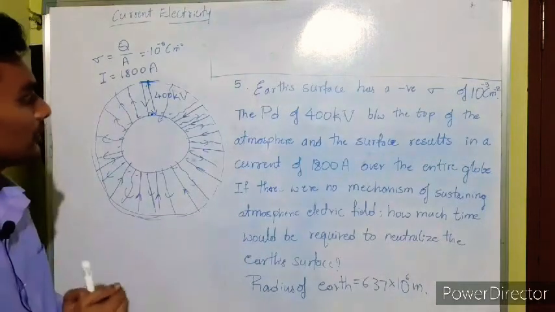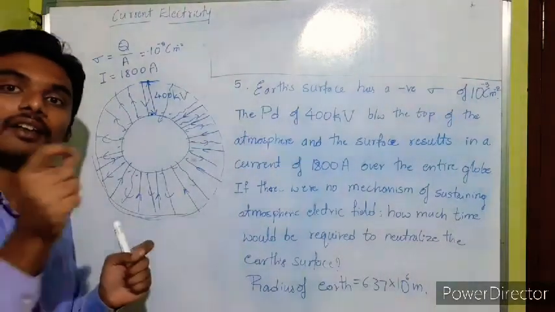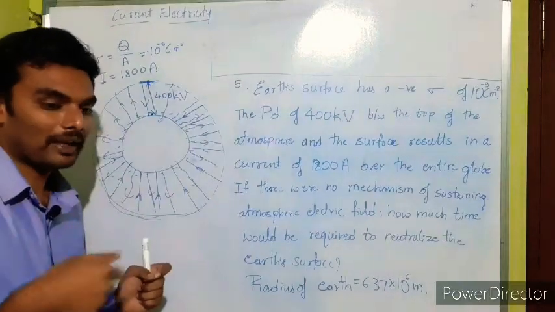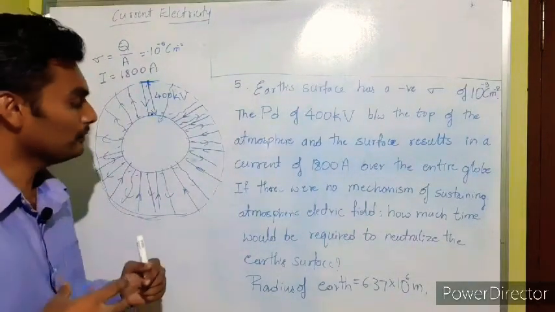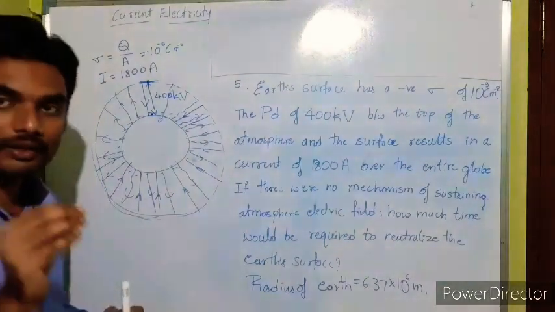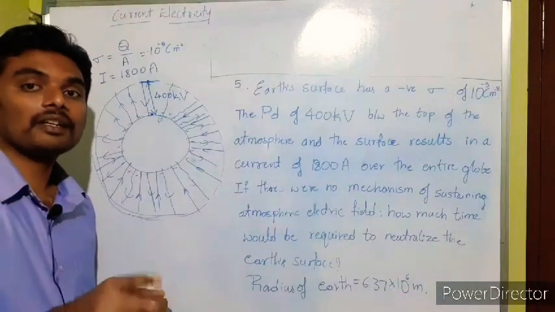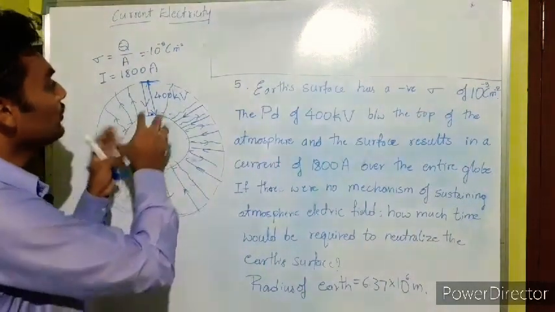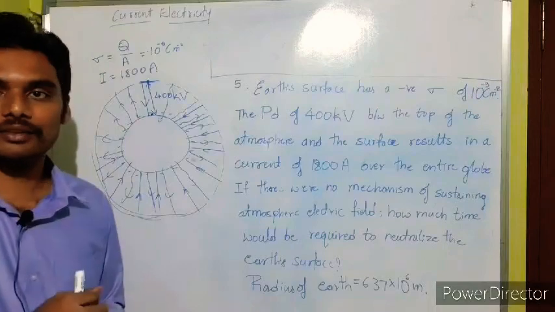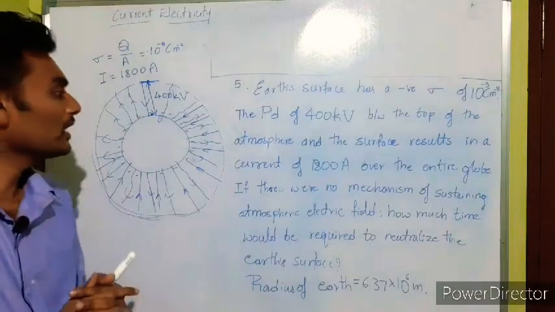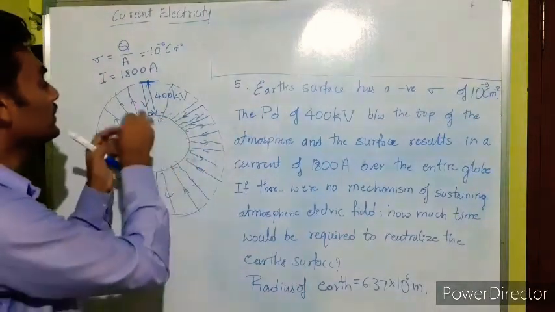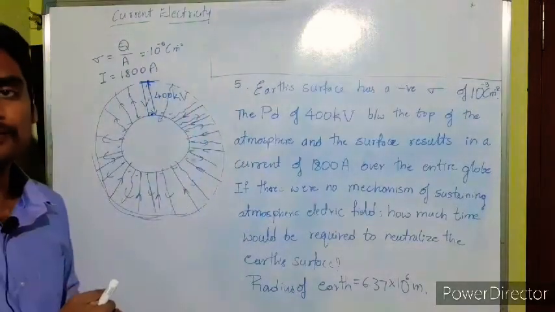Now the question is, if that mechanism, the thunder, storm, lightning and all, are not there, then in what time would the whole earth have neutralized? Which means in what time will the earth lose its entire charge?